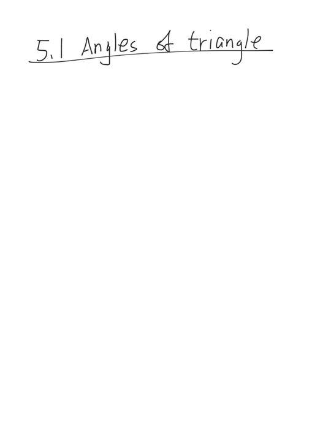Okay, as to chapter 5, there's something about angles. First, in 5.1, we learned about some angles of triangles. So first, let me review what we have learned previously. Let me draw an arbitrary triangle.